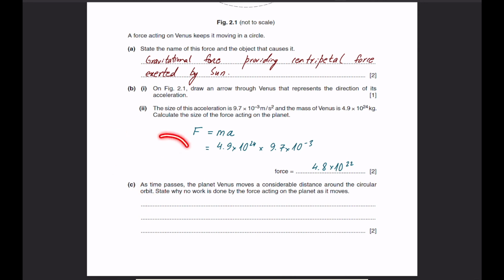Similarly, if we take this particular example where Venus is orbiting, the force is constantly acting perpendicular to its motion. So no motion occurs in the direction of force, and hence the work done would be 0.